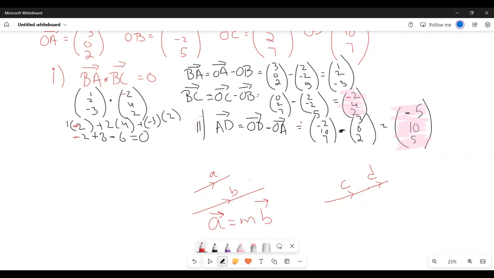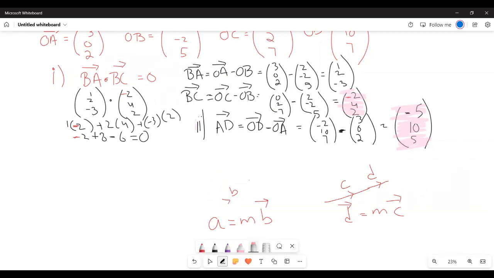A would be equal to some value m times B, and D would be equal to some value m times C. If you multiply one vector by a numerical value and you get the other vector, that means they are either parallel or collinear. This is what we know from O levels.